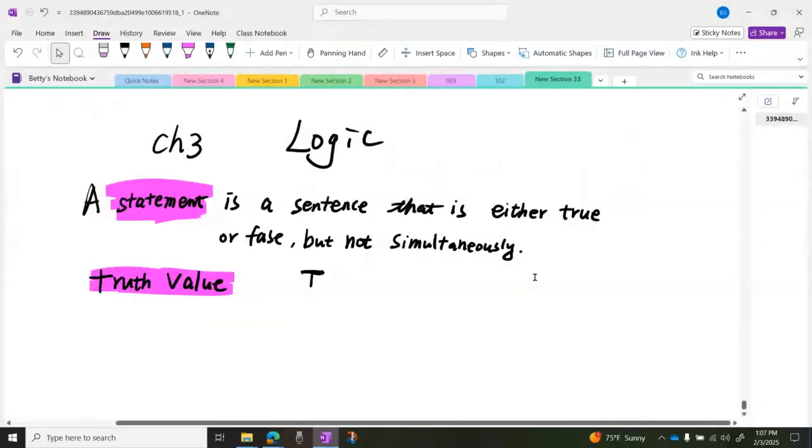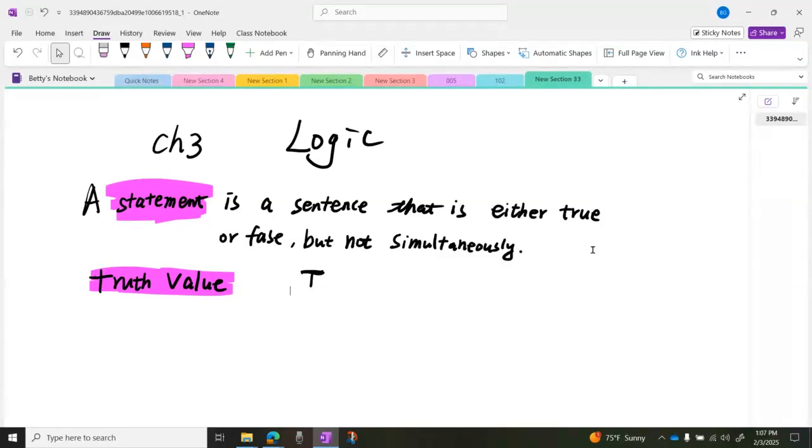Where was I? A statement is a sentence that is either true or false, but not simultaneously. If the statement states a fact, that statement is a true statement. A true statement has a truth value T. The capital letter T here is the initial of true.